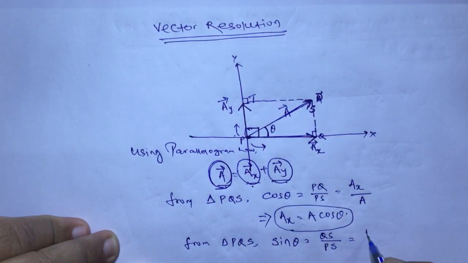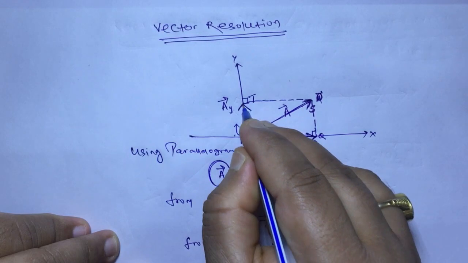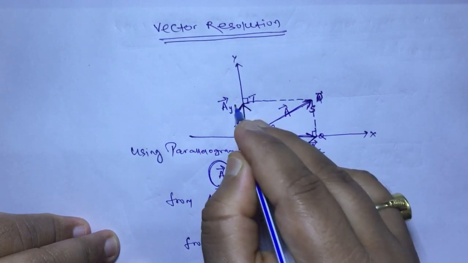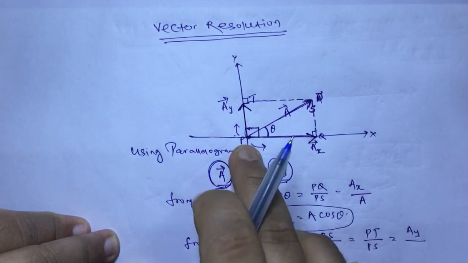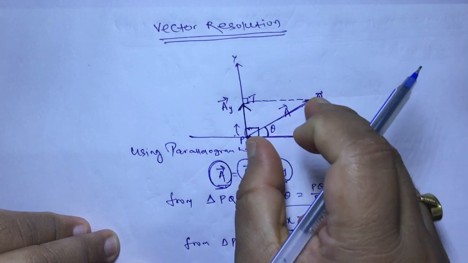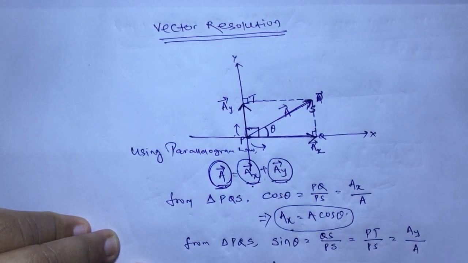So it will be PT divided by PS. Now PT is nothing but the ay vector, so the PT length will be the ay vector's magnitude, or simply ay. PS vector is a vector, so the PS distance is a. So from here I can write ay equals a sin theta.